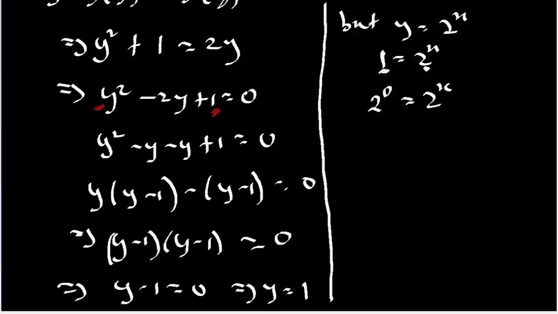And in writing the 1 in terms of 2, you're going to get 2 exponent 0. And then here we have 2 exponent x. So once the bases are the same, once we have same base as 2 and 2, it means that x is equal to 0. And that's for today.